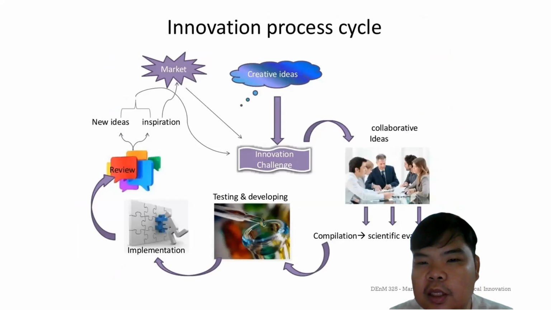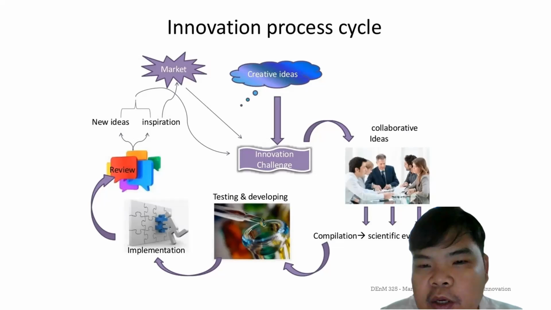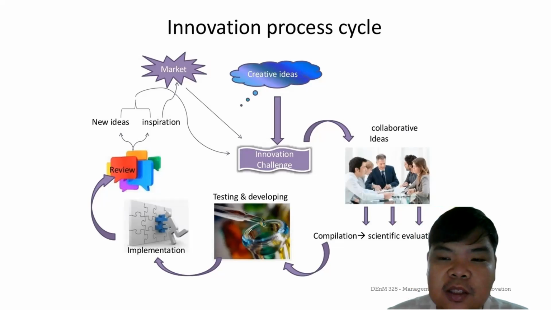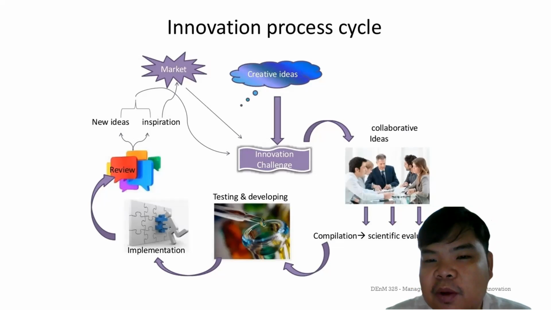This is the innovation process cycle. You have a certain creative idea coming from knowledge, and now you have this innovation challenge. That's why sometimes innovation is really problematic, because you're going to have something that will improve the life of humanity or even the betterment of society.